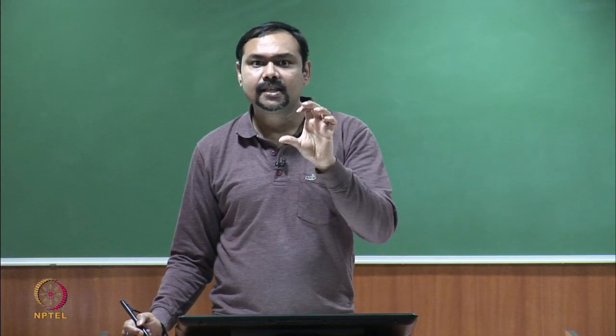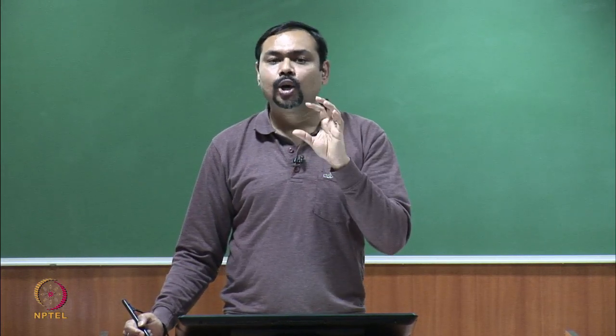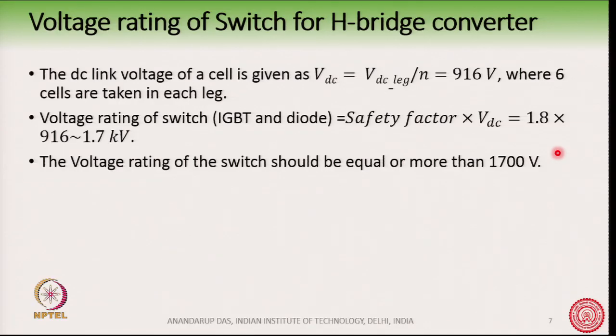I mean, the devices are subjected to a voltage of more than the rated voltage of 916 volt. So, for these reasons, this safety factor of 1.8 has been taken. Many designers, suppose you are working in a harsh environment, will take a safety factor of maybe 2, maybe even more, and so we are just giving you a starting point for the design.